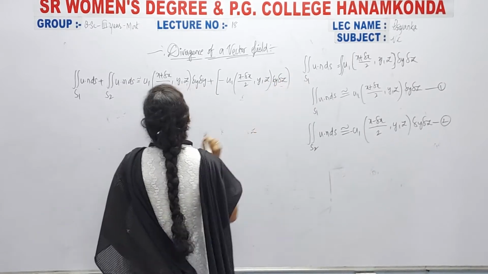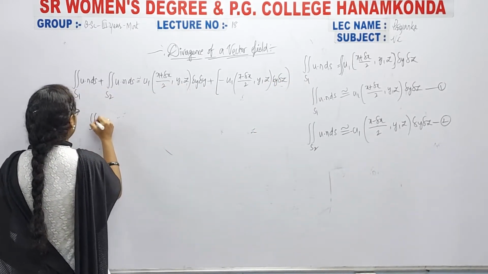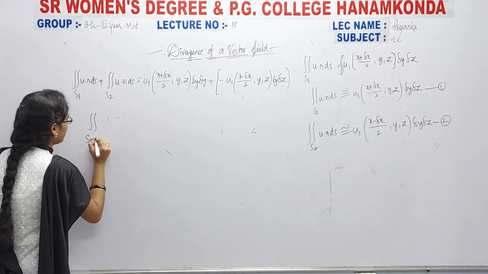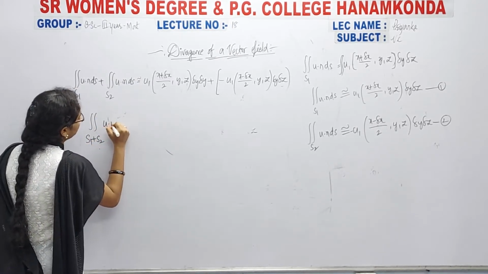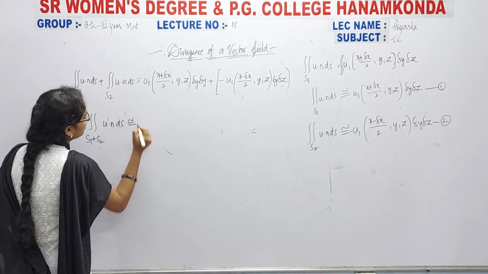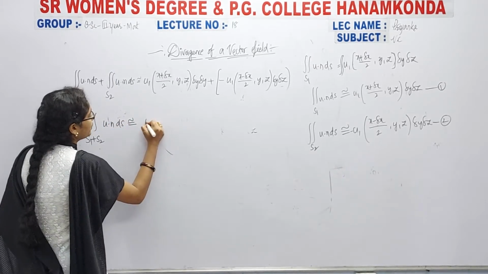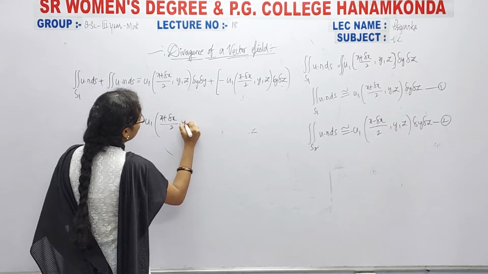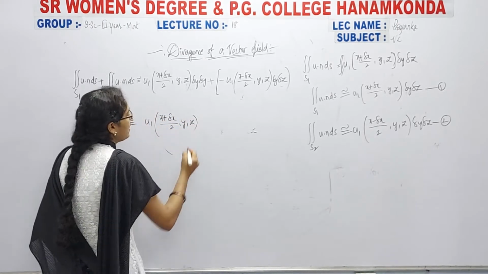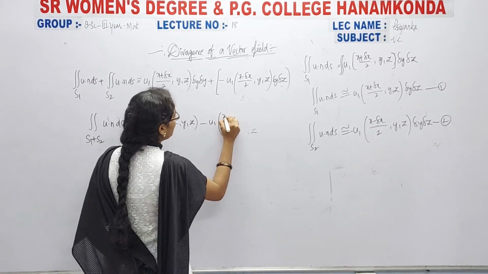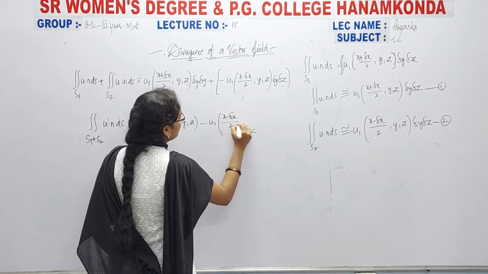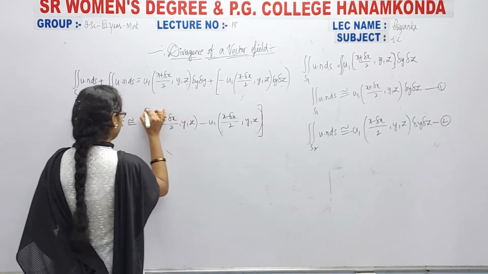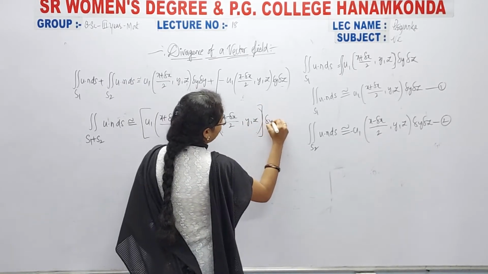So the double integral over S1 plus S2 of u dot n dS is approximately equal to u1 of x plus delta x by 2 comma y comma z minus u1 of x minus delta x by 2 comma y comma z, times delta y delta z.